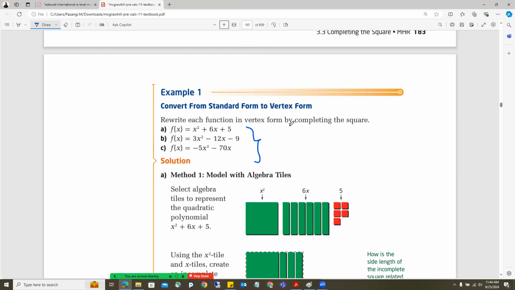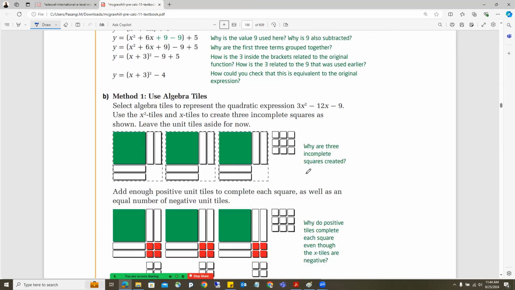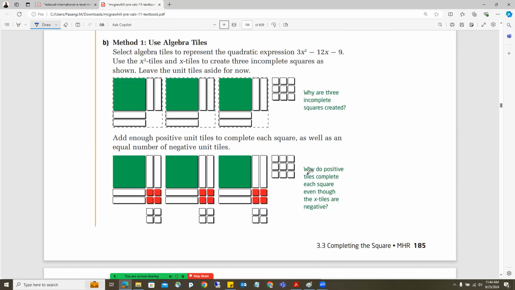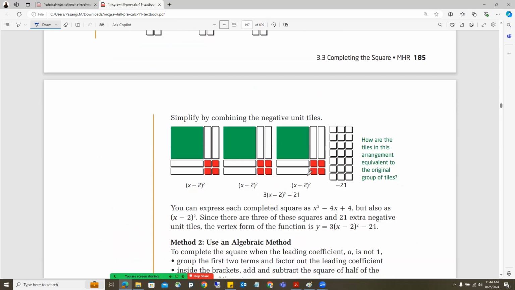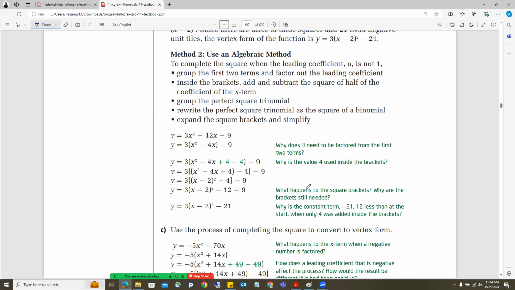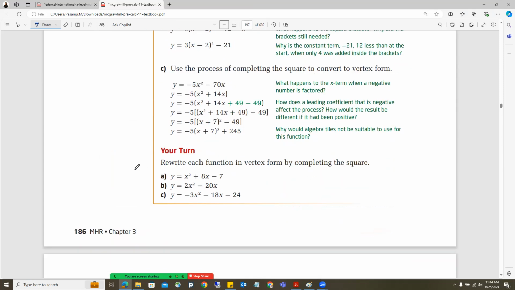Then, you already did these ones. They have given the solutions as well, the algebraic method and the algebra tiles. No need for those ones. If you can use the algebraic method, then that's totally fine. That one we also did.